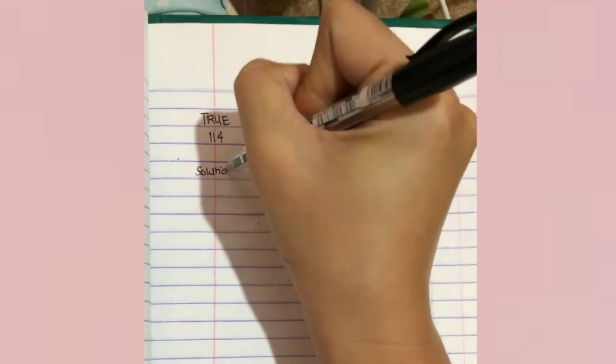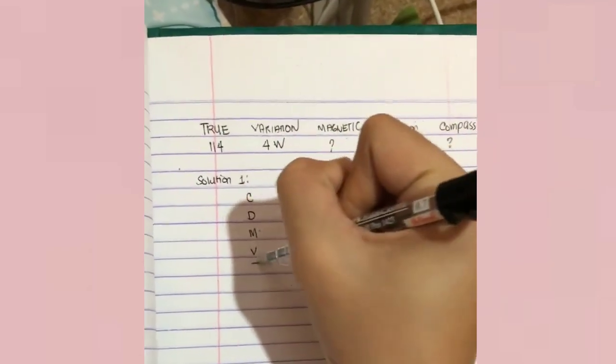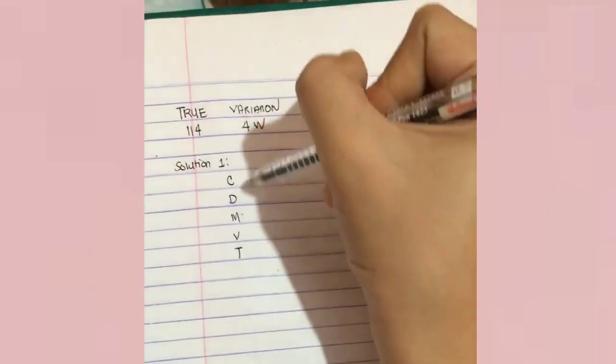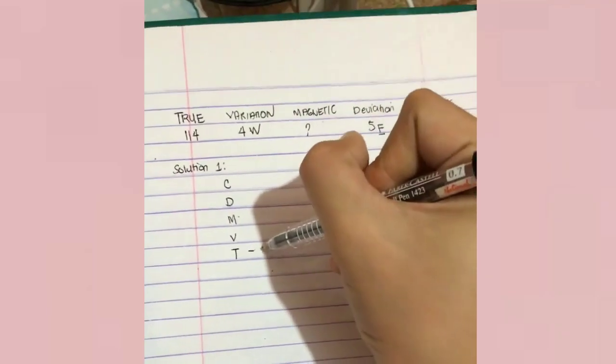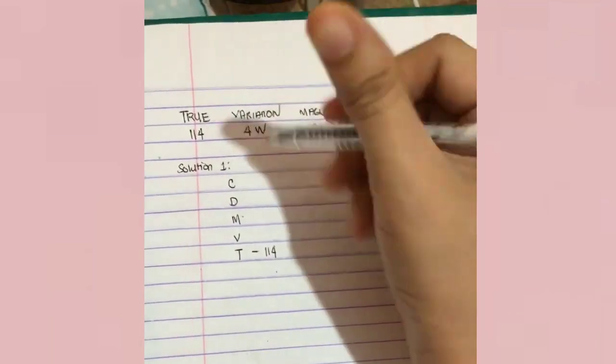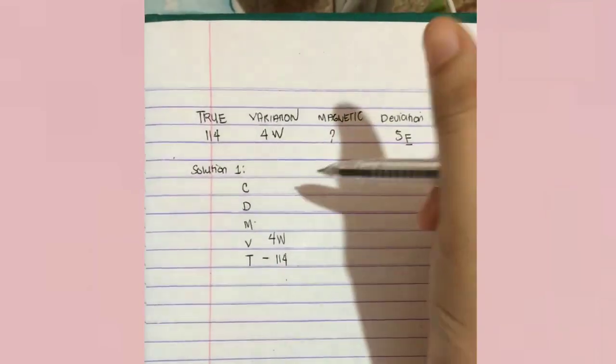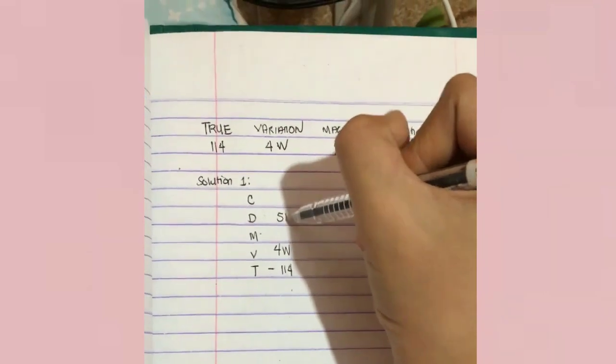So let's calculate this one using the CDMVT. We have our given true north, which is 114, and then we also have our variation, which is 4 west, and we have our deviation, which is 5 east.